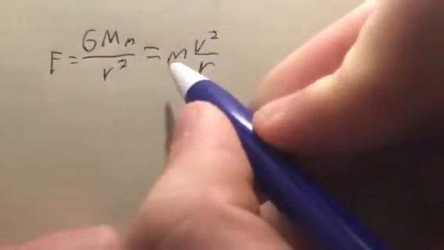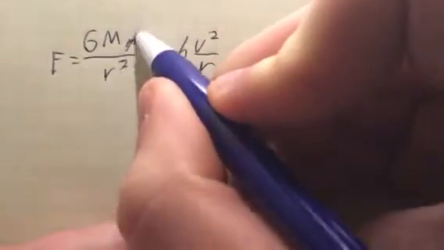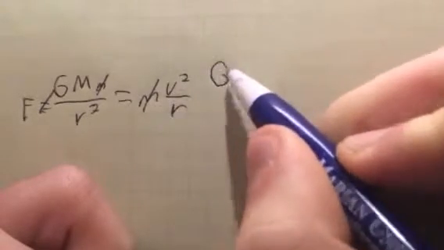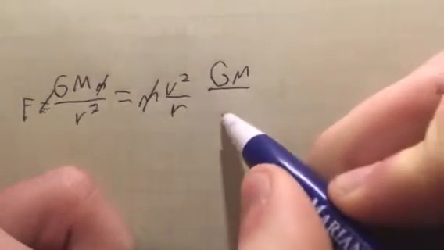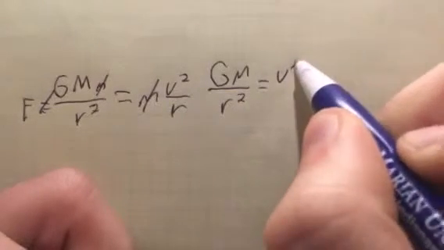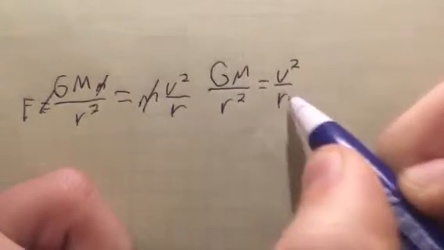And the beautiful thing about this, we can cross out the little m. Okay, so after doing this, we have GM over r squared equals velocity squared over r.